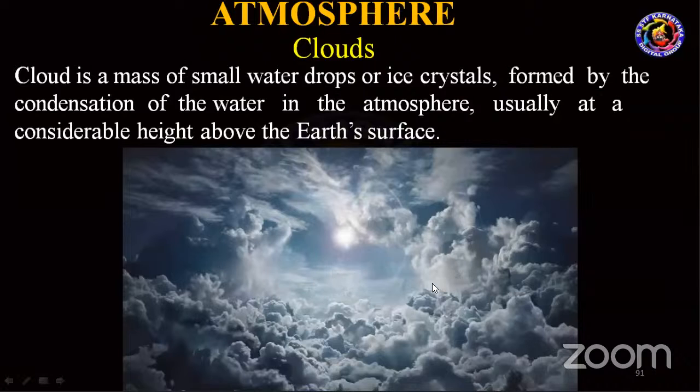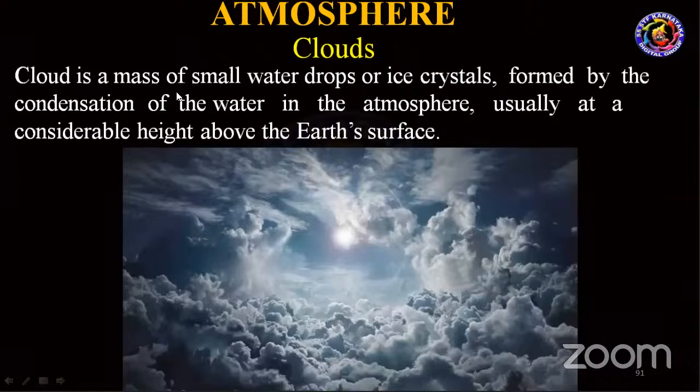But together, when we observe, they look like cotton, or curly hair, or cauliflower in different forms. All these types of clouds are formed due to condensation which happens in the atmosphere.